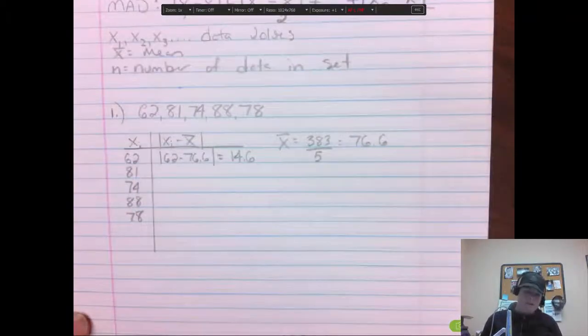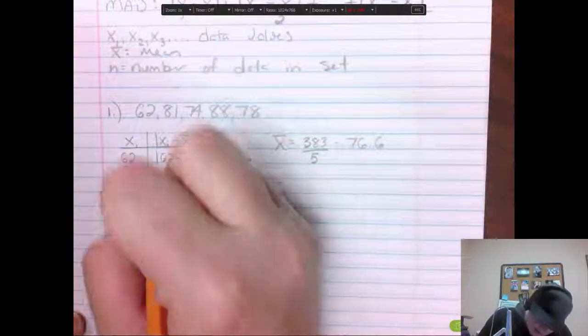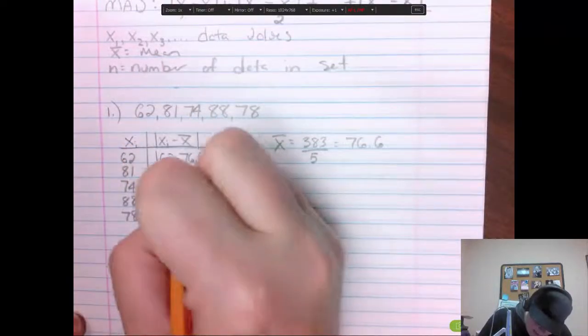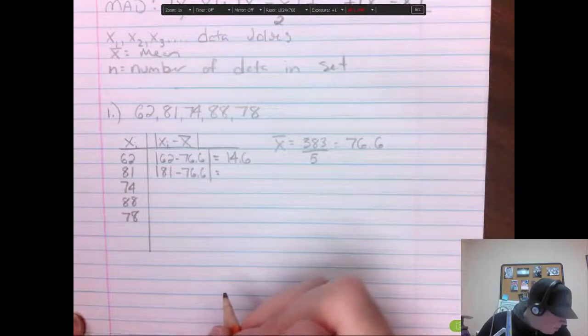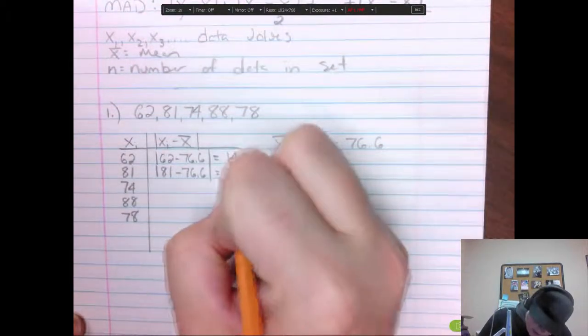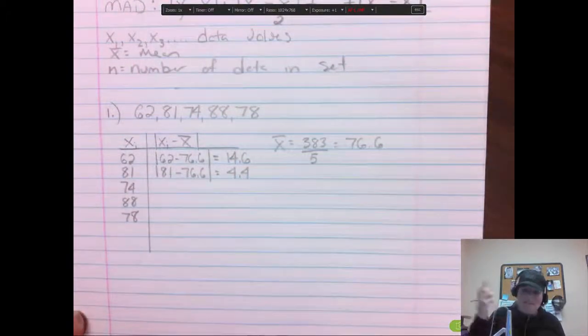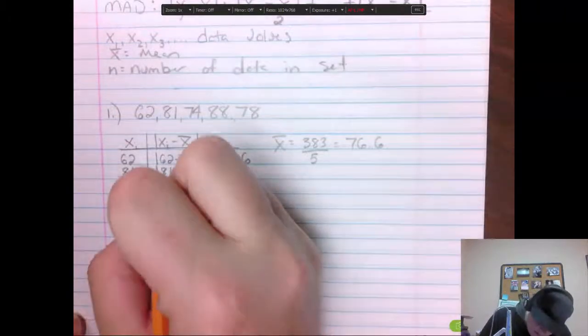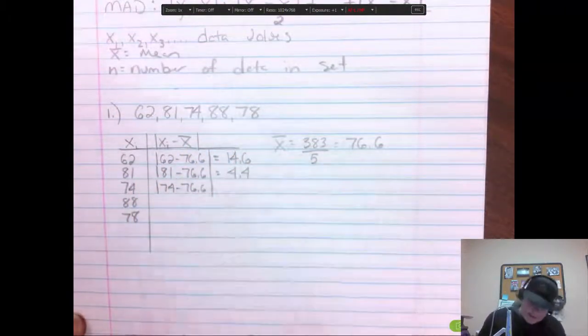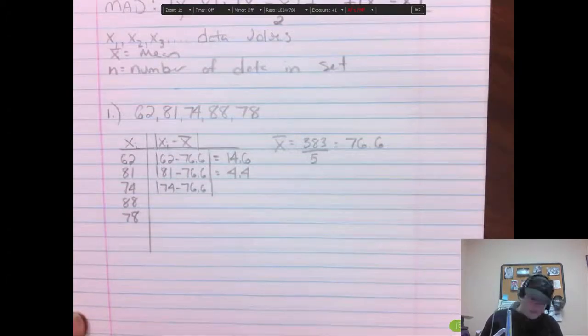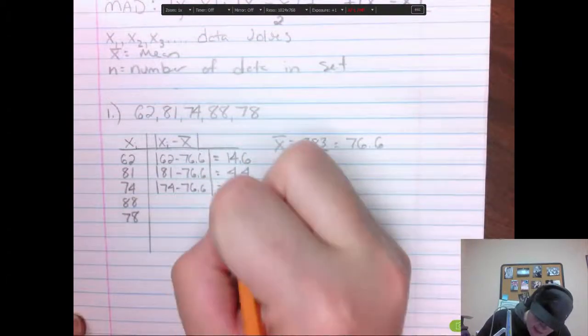So I got 14.6. Okay, the next one, I take our 81 and I minus that 76.6, and I get 4.4, and it's positive already, but absolute value of positive stays positive. So 74 minus 76.6 is going to give me a negative 2.6, which again, take the absolute value.